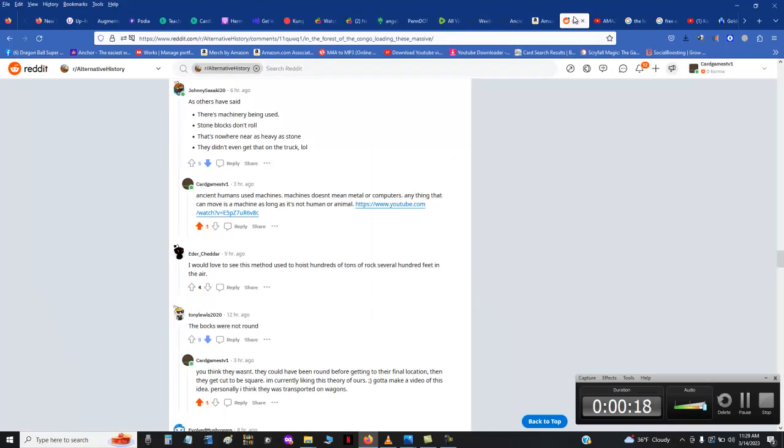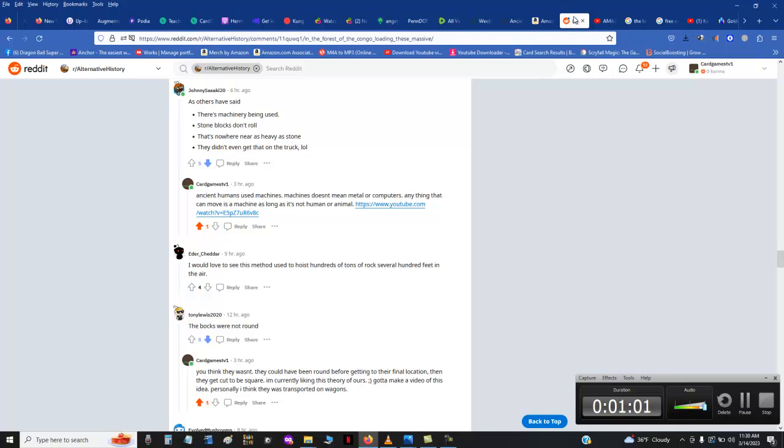I had a back and forth with a couple of people, but one person in particular, I put out the idea that the stones used for the pyramids of Giza, or just any monolith or megalith structure, whatever, doesn't matter either one, probably weren't flat, like rectangular or square, before they got to their destination to be used. What if, this is where the theory came from, what if they were round?